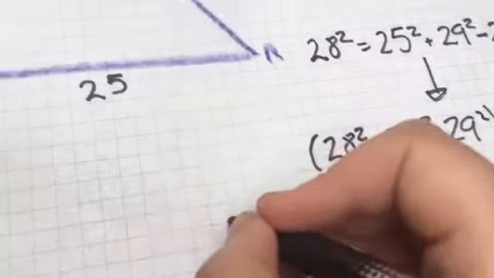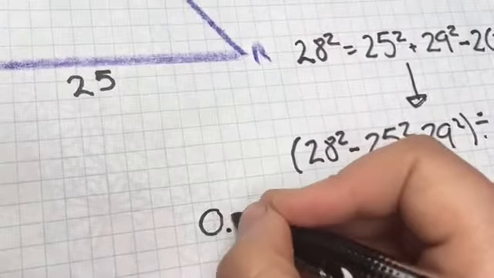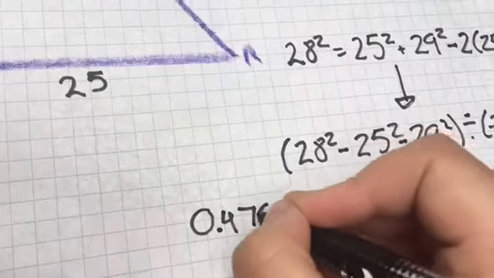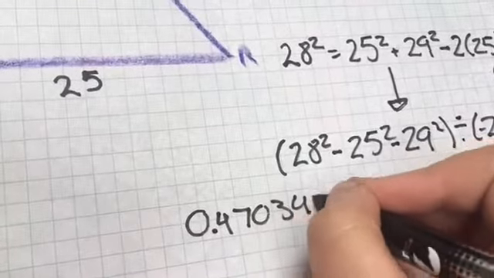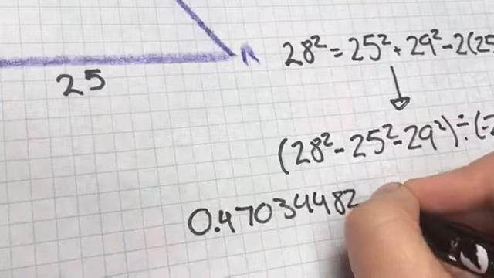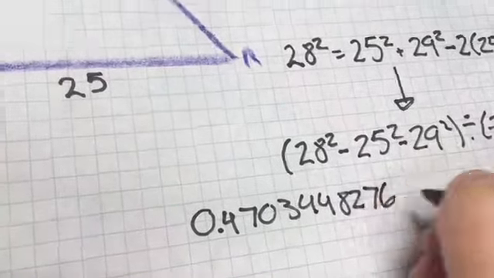And that is going to give us 0.4703448276.